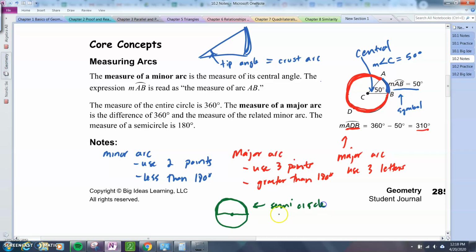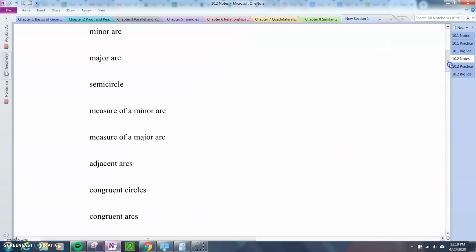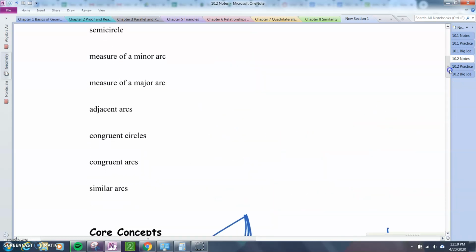If you called it A, B, I'd say the measure of arc AB here equals 180 degrees. A semicircle always equals 180 degrees. It's half of the circle.